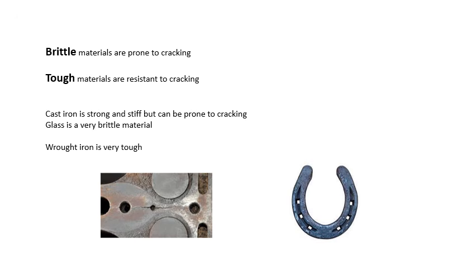If you get something made out of cast iron, such as an engine block, and give it a good smack with a hammer, it might crack. Glass is a very brittle material. Something like wrought iron, such as this horseshoe, is tough. It doesn't crack easily. So brittle: prone to cracking; tough: resistant to cracking.